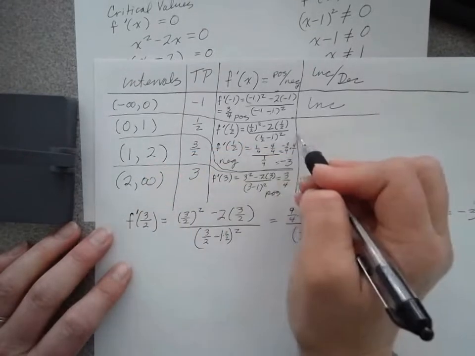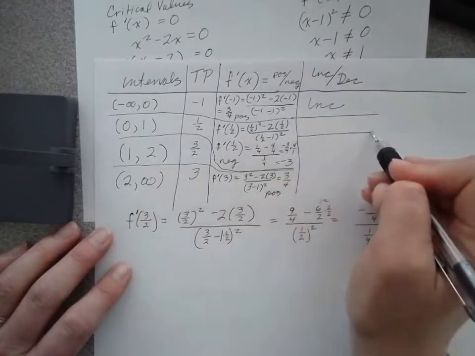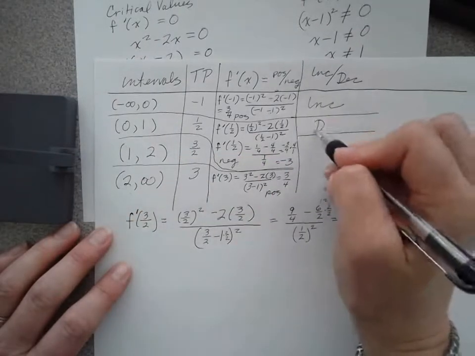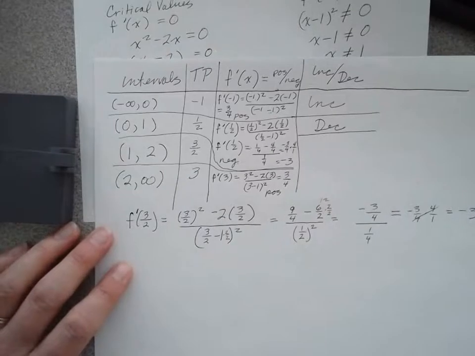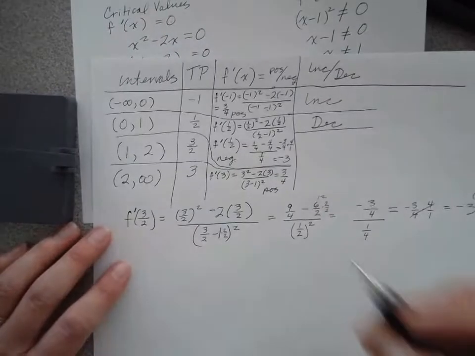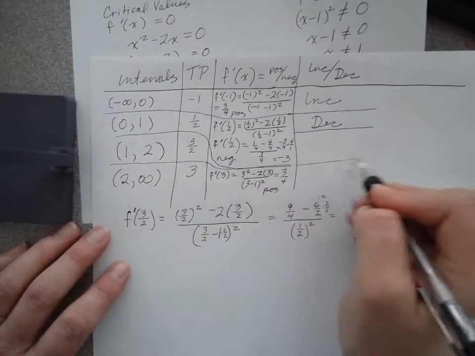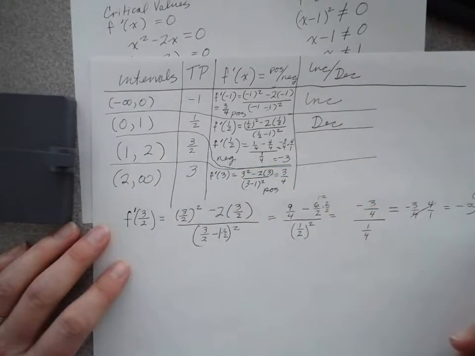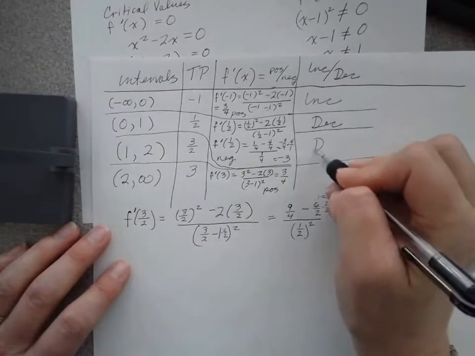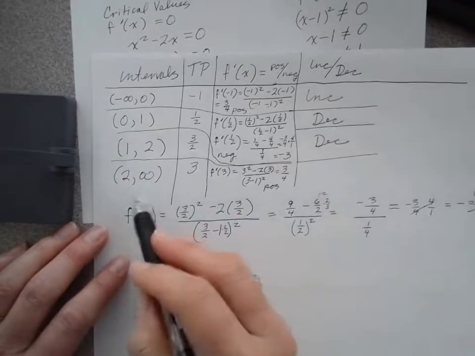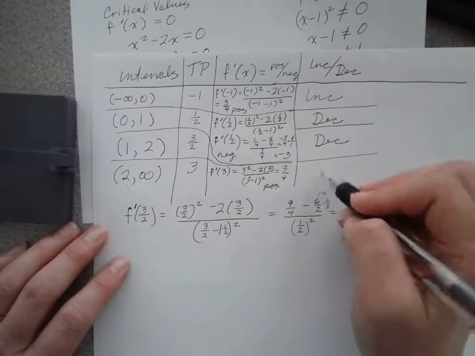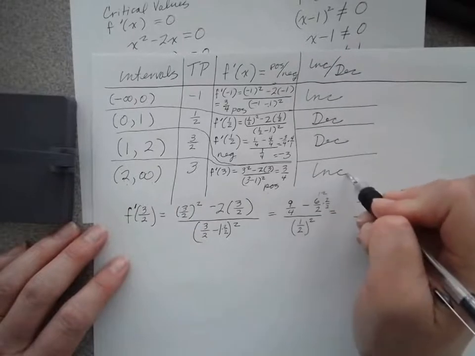From 0 to 1, it was negative, so it's decreasing. From 1 to 2, it was negative, so that's also decreasing. And then from 2 to infinity, it was positive, so that's increasing.